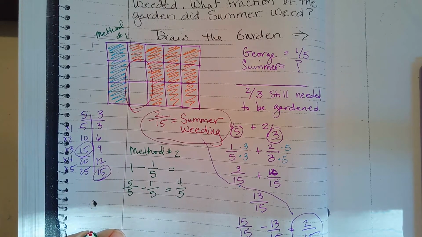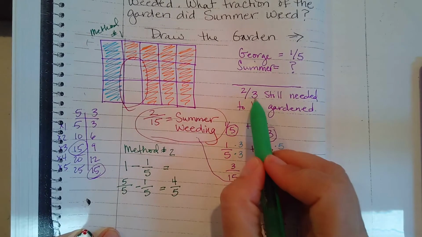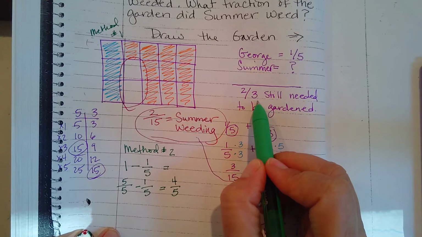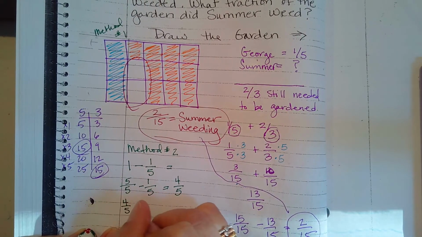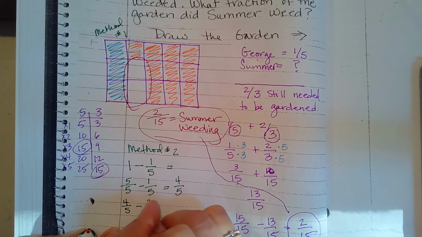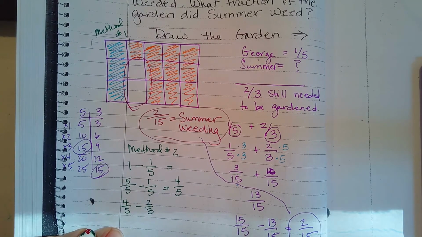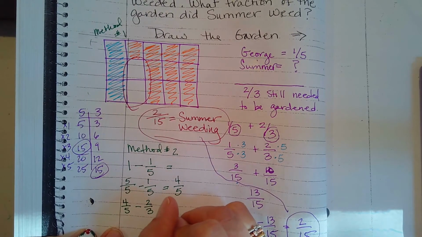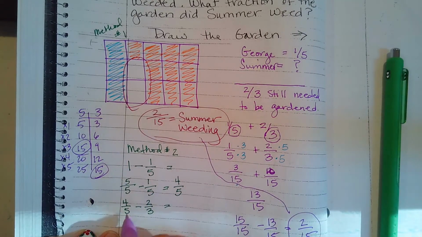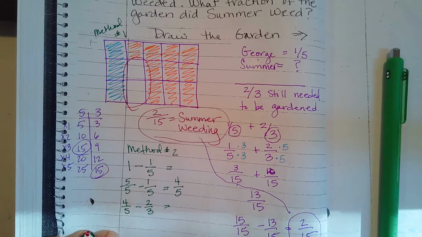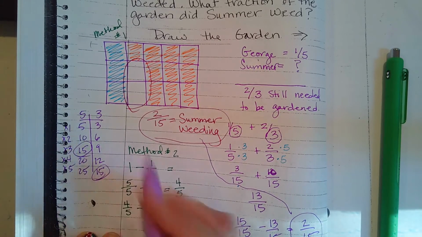Now, we know that 2/3 was left over, right? So let's take 4/5 and subtract 2/3 from it. Now, we need a scoreboard again, but we already know what our common denominators are going to be.